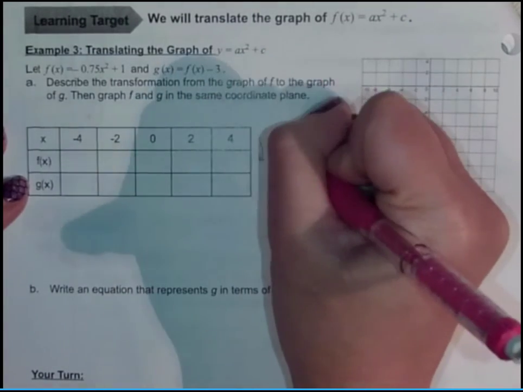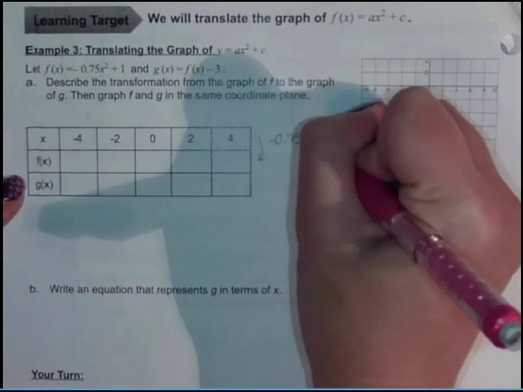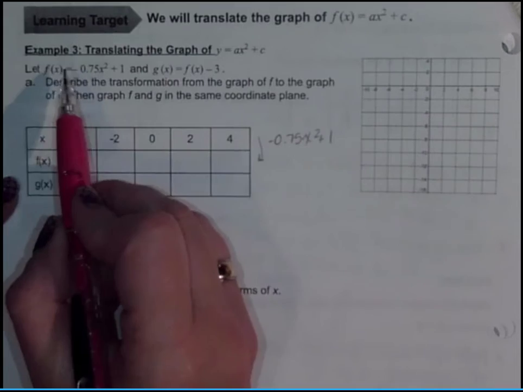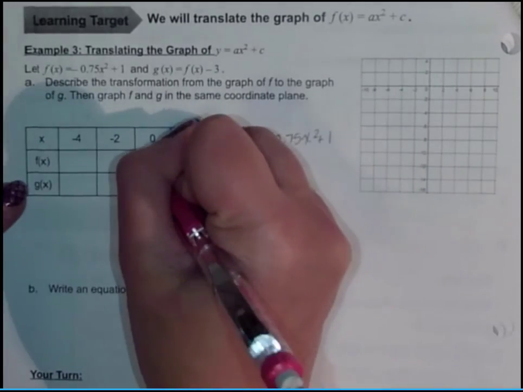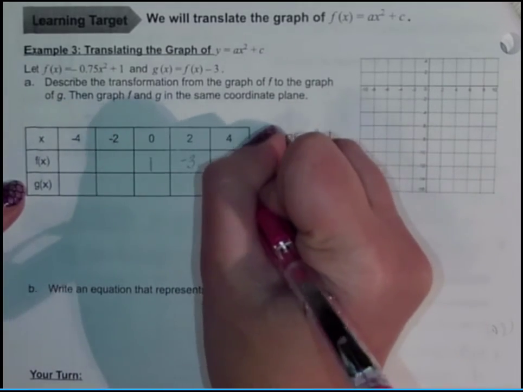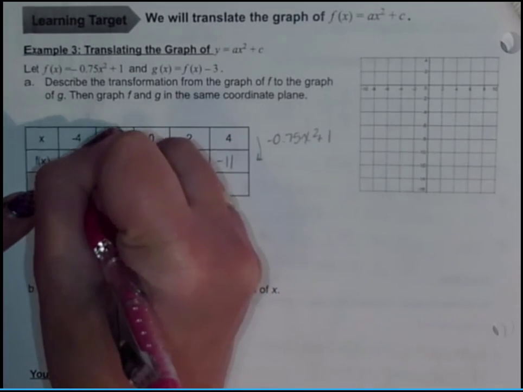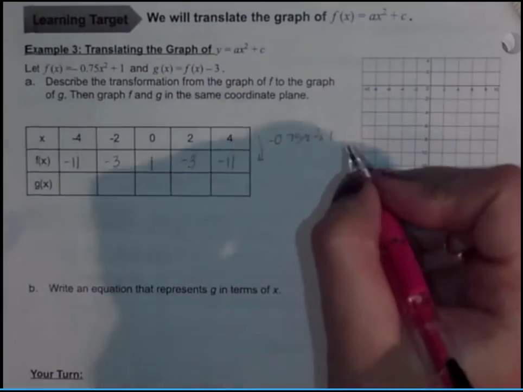From here to here, we're using our f of x, which in this case is the parent function that we're starting with. So we've got 0, 1, 2, -3, 4, -11. And because it is a parabola, I know what the other -4, -2 will be.